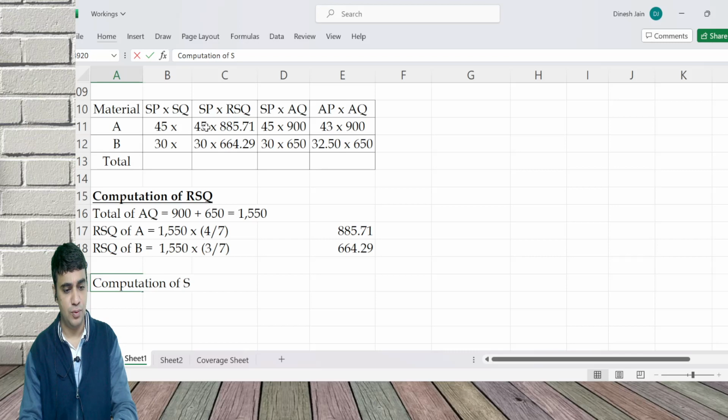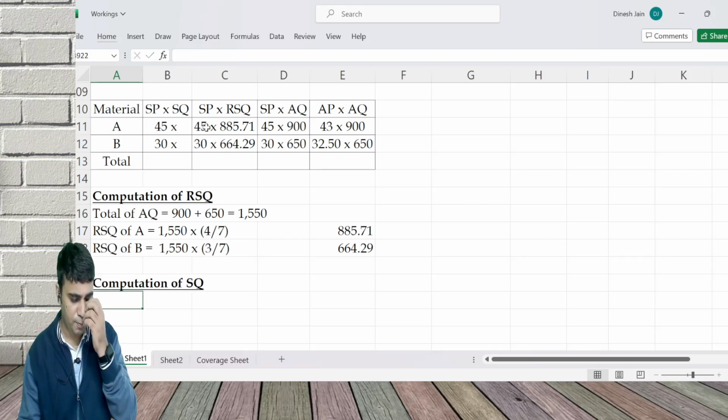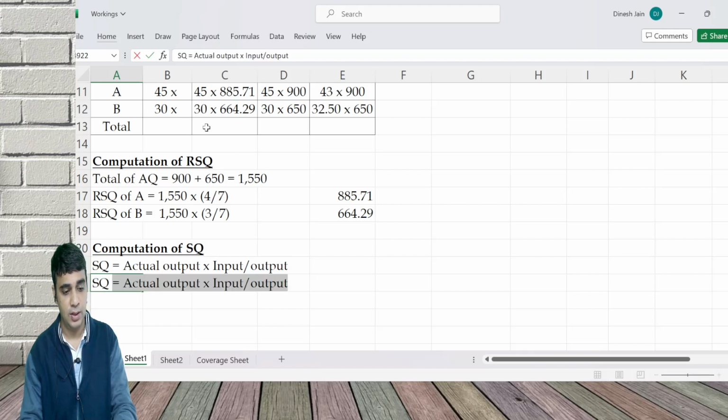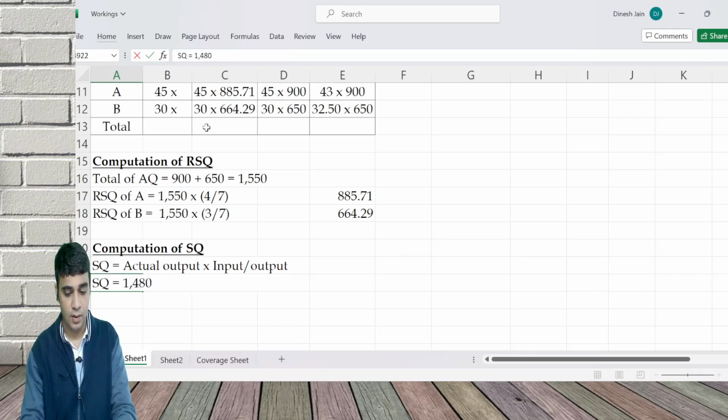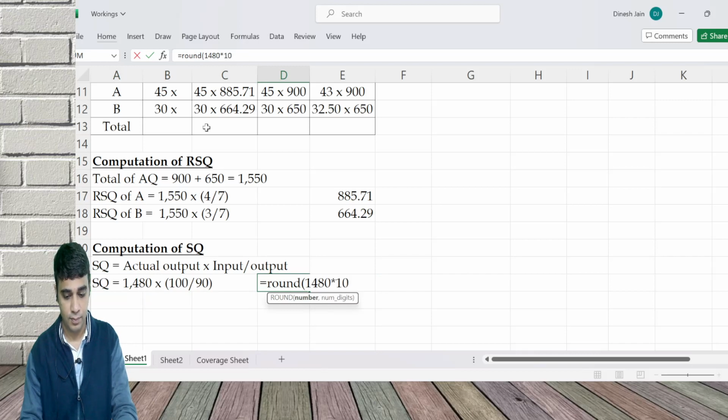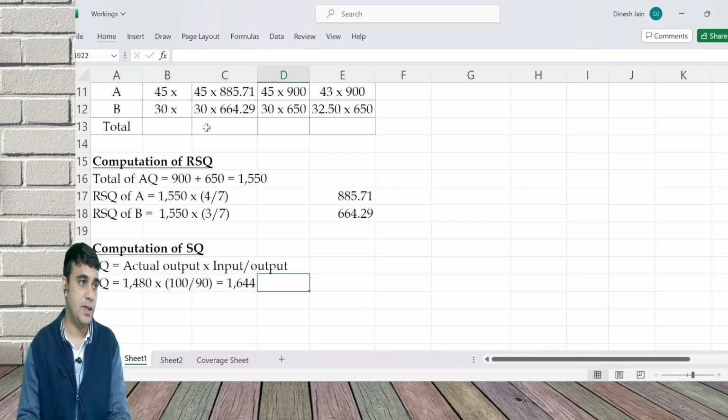Computation of SQ. What is the input output ratio in this question? 100 by 90. Loss of some 10% is given in the question. What is the actual output? Into 100 by 90. 1644. We'll have to split 1644.